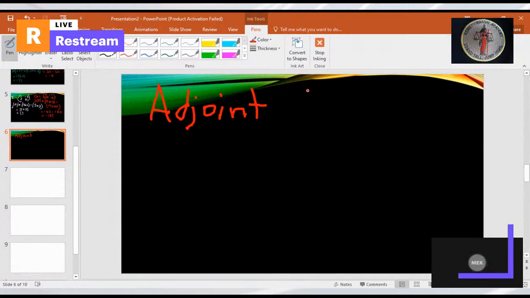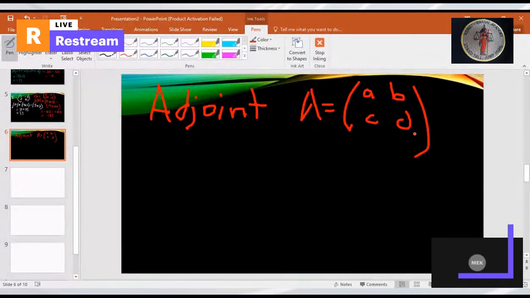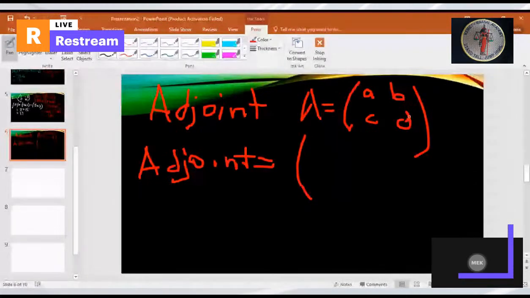So let's say we have, again, matrix A, which is A, B, C, D. The adjoint would be equal to, so look now, we're going to switch places of A and D. So we have D and A there.